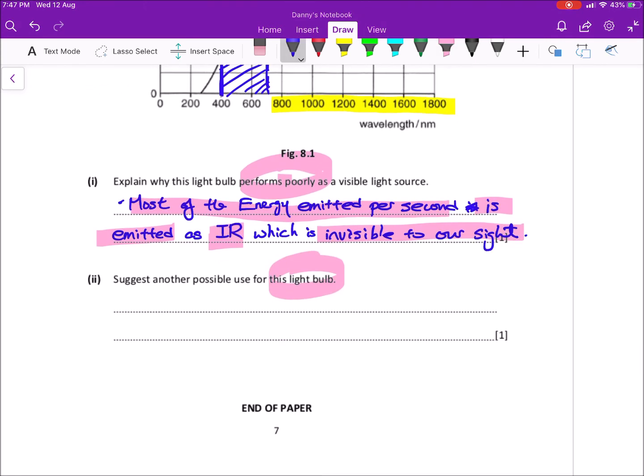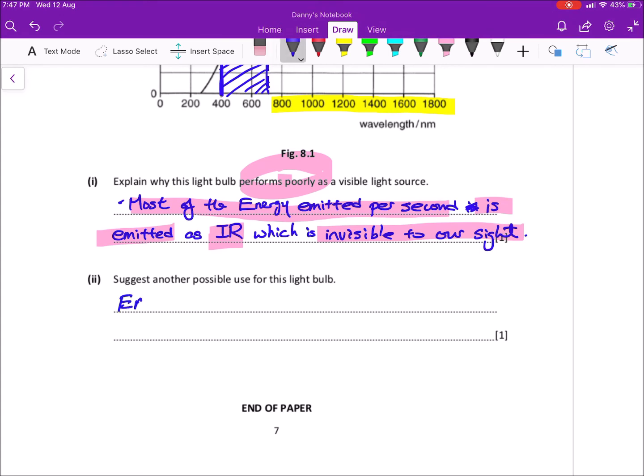I have cases whereby people say use as ear thermometer. So what? You're going to stick your light bulb in the ear like that. No, right? So you cannot. Anyway, your ear thermometer is a detector of infrared rays, right?